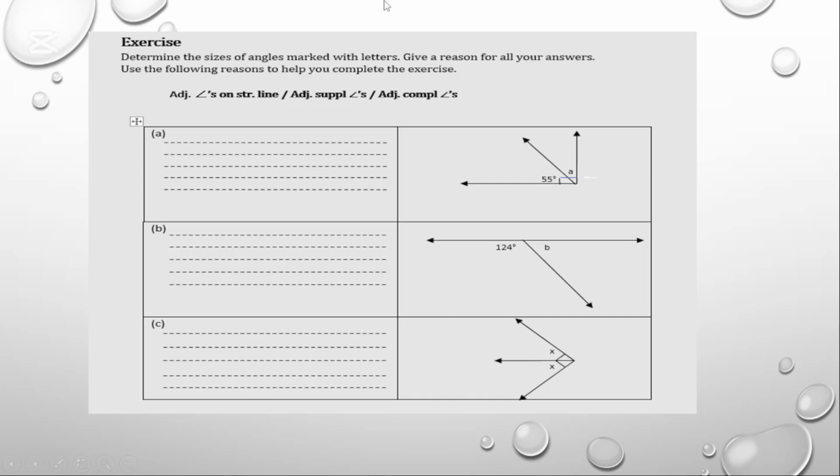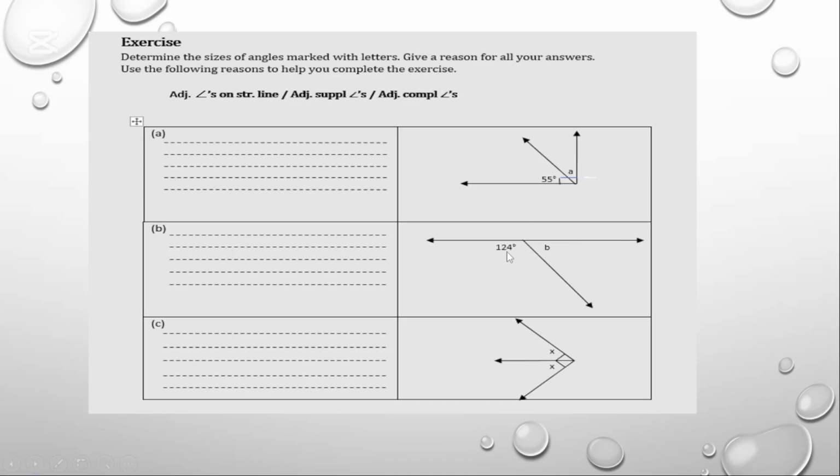So you will check here, we have a box, and that box tells us that we have a pair of complementary adjacent angles. So you will start by saying that A plus 55 is equal to 90. What is your reason? Adjacent complementary angles. And in your next step, you will subtract 55 from 90 and you'll get your answer. B, we have a straight line.